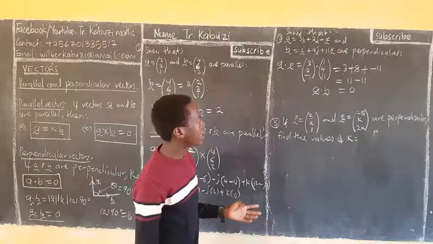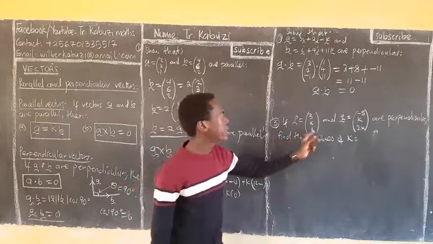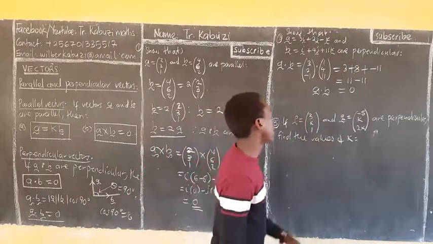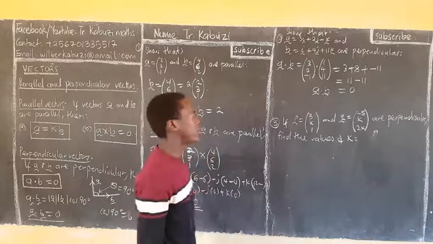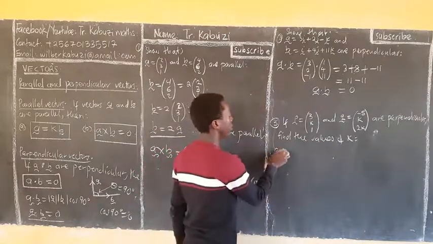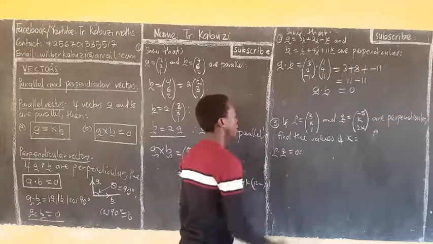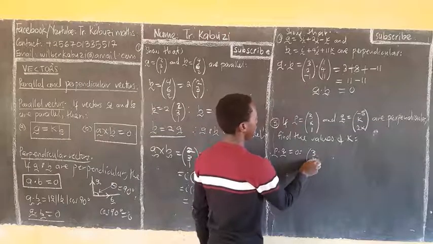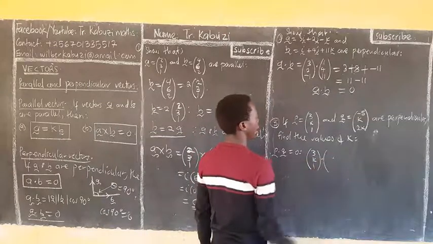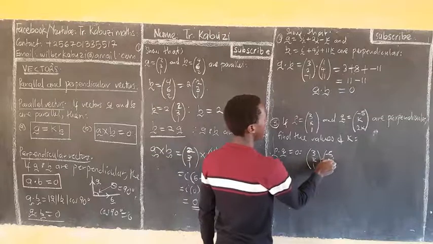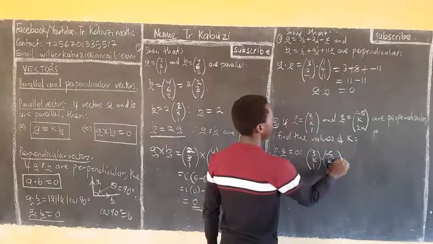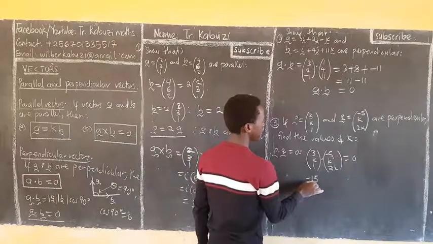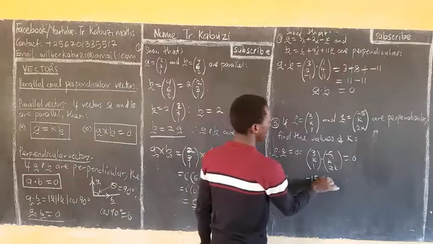Now another question here says, if P is this and Q is this are perpendicular, find the values of k. They are perpendicular if when I dot them, I should get 0. My P is 3, k, 1. I want to get the values of k if these two vectors are perpendicular. So I know they are perpendicular if their dot product is 0. So this times this you get negative 15. This times this you get k squared.